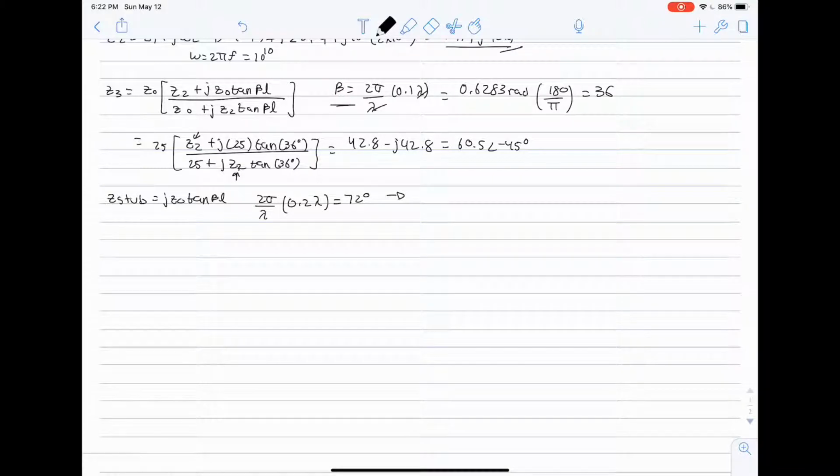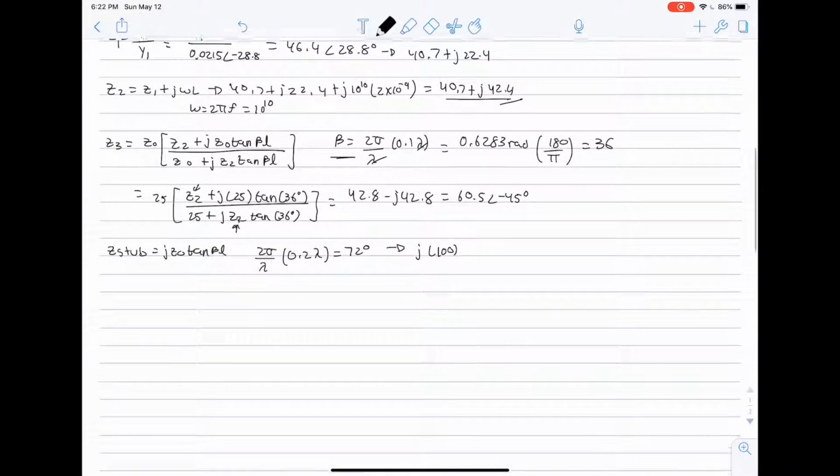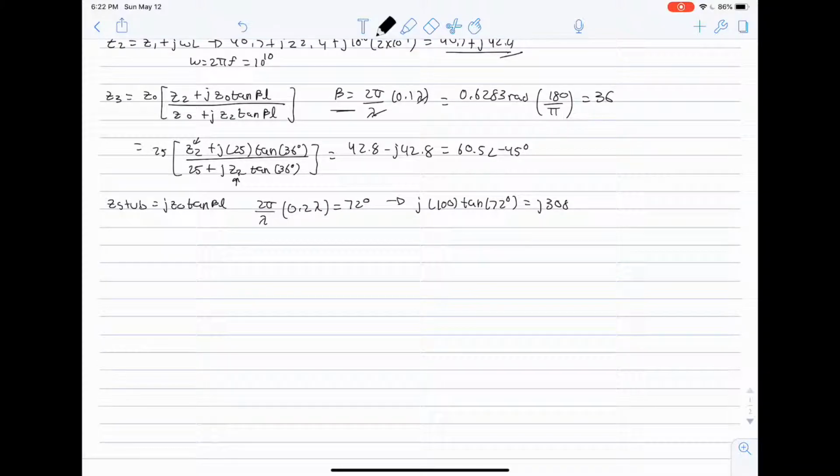So plugging into the equation, you have j, Z0 is 25, should be 100, because we're given Z0 to be 100, tangent of 72 degrees, which will give us j308.